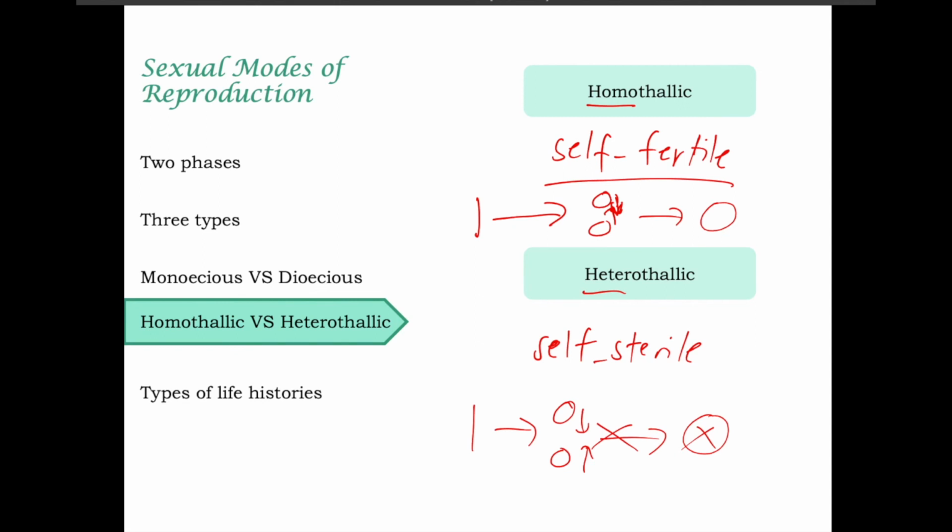So the individual must find another individual, another organism of a different genetic makeup. So an organism of different genetic makeup is needed and required for a successful mating to occur. Okay, that's for your heterothallic.